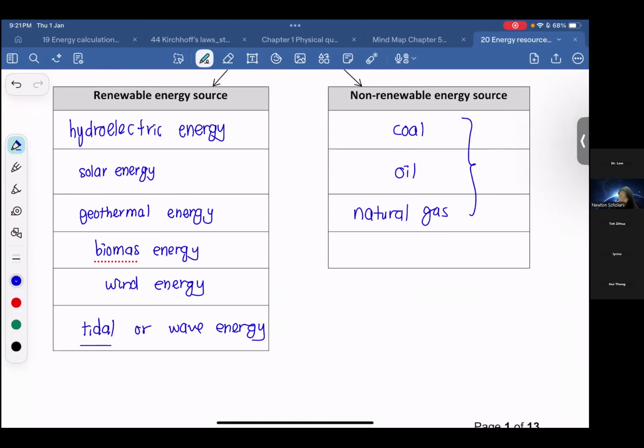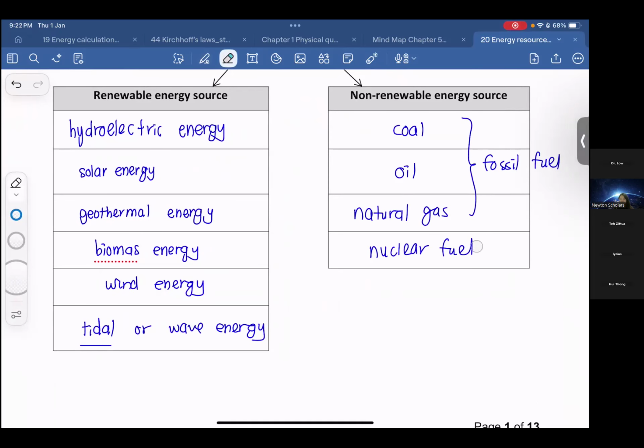So these three we can call fossil fuel. And what else? Very important, nuclear fuel. Nuclear energy is non-renewable. Nuclear energy uses uranium or others.